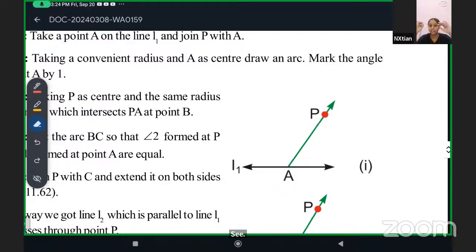Leave 4 to 5 lines above the line that you have drawn, L1, and then mark a point P slightly towards the right from the center. It should be more towards the right side.